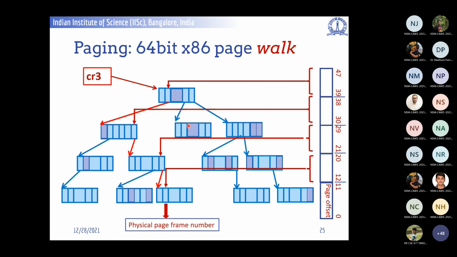The newer processors also have this tag by which they can identify at least a few of the processes, so they don't have to flush the entire content of the TLB if you have the address space identifier enabled. Okay, sir. Thank you.